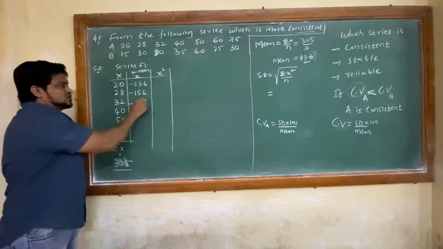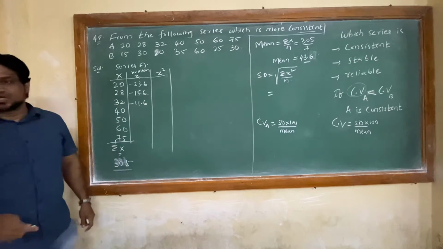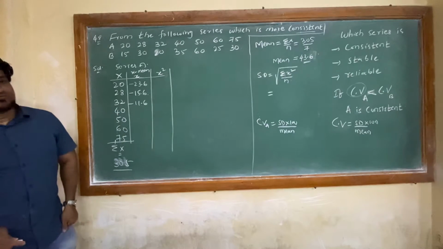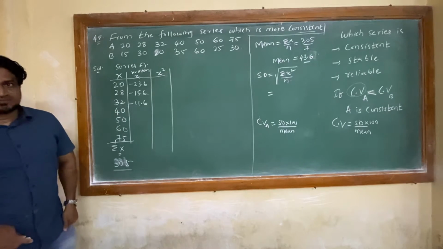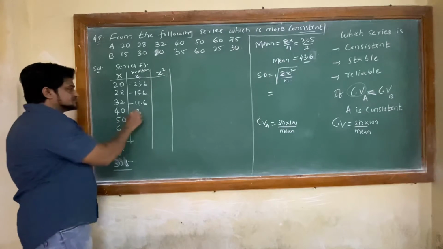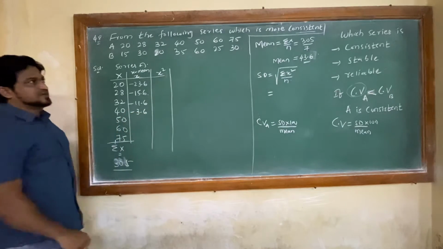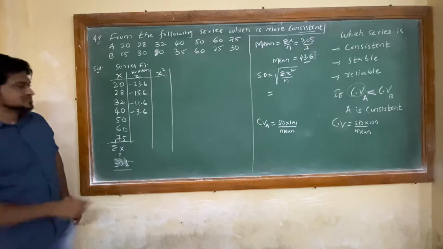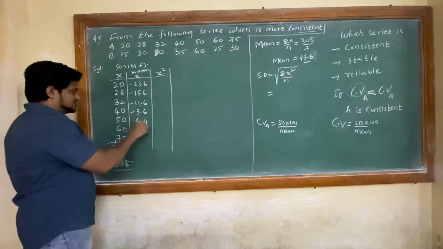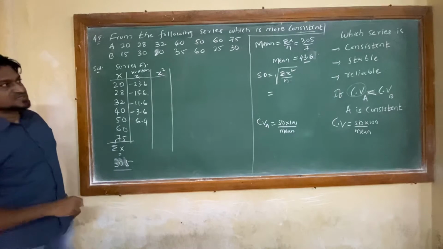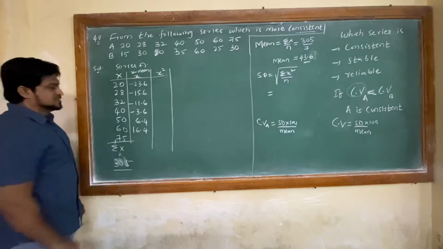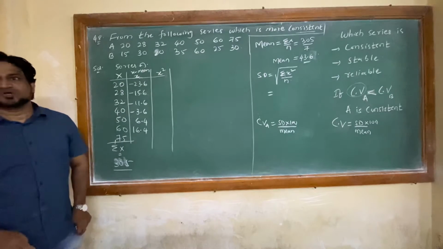See, already calculated values are there. Anyone who has them, you can check it out. 40 minus 43.6. 50 minus 43.6. 60 minus 43.6. 75 minus 43.6.